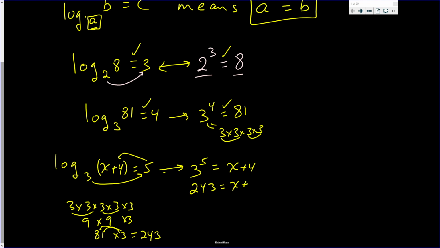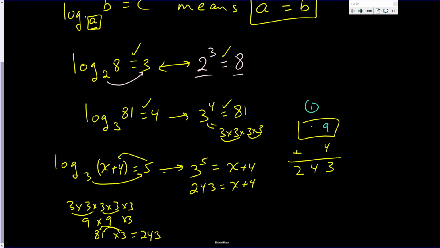So 243 is some number plus 4. Well, some number, when you add 4 to it, gets you 243. Well, this has to be 9, because 9 plus 4 is 13. Carry the 1.